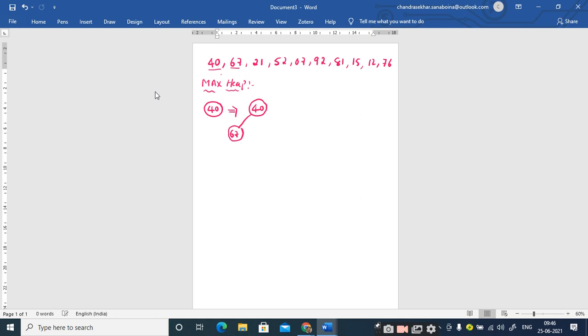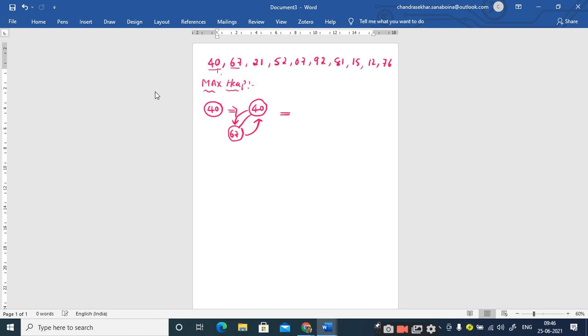Since you are constructing the max heap, the heap property says that the root node should be greater than or equal to the child. Is it satisfying that property? No, sir. So what you should do is make a swap operation here. In order to satisfy the heap property, you should swap these elements.